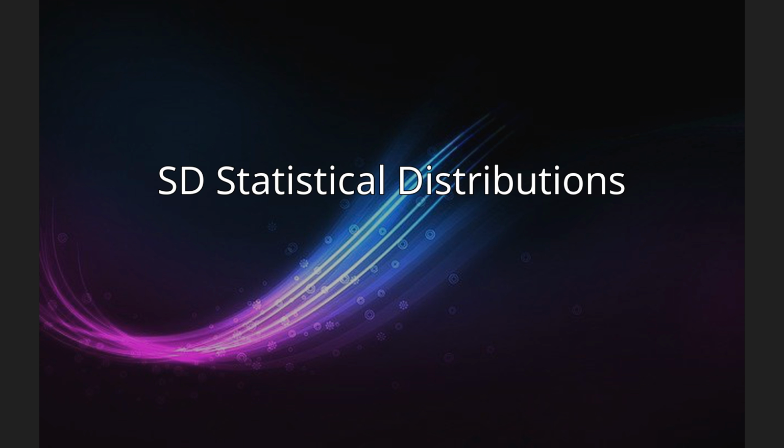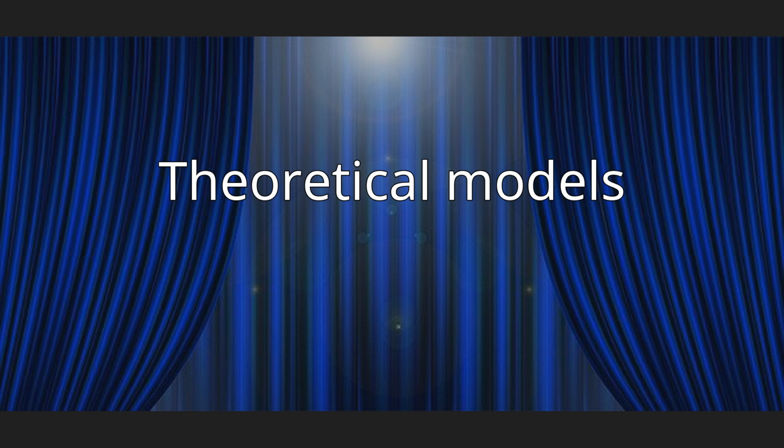SD statistical distributions. Theoretical models. A most straightforward SD predictive method comprises specifying a set of existent statistical distributions and, based on available data and distribution fitting criteria, selecting the most fitting distribution.